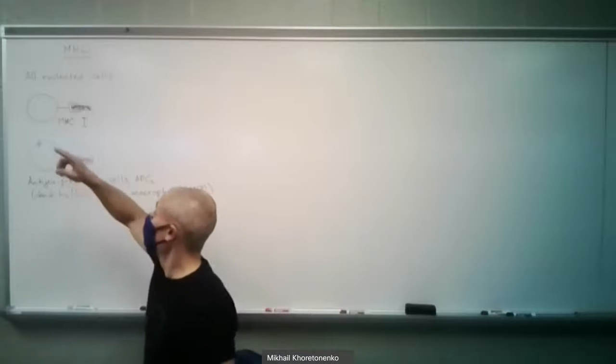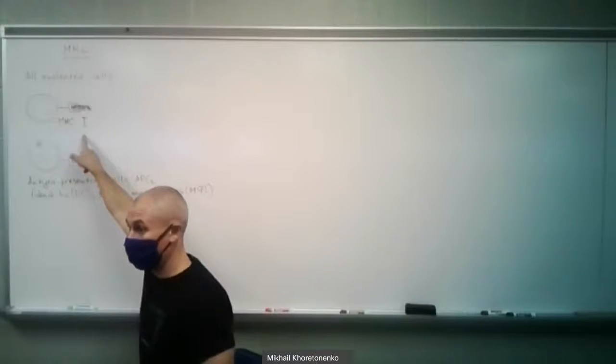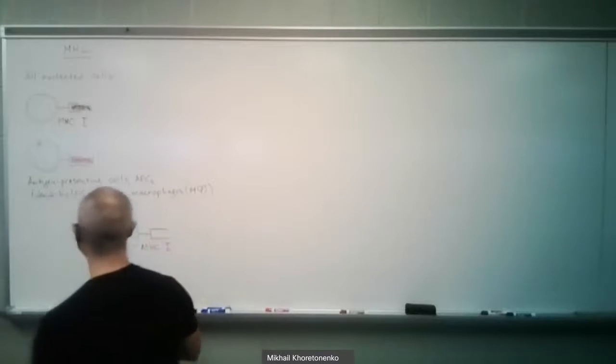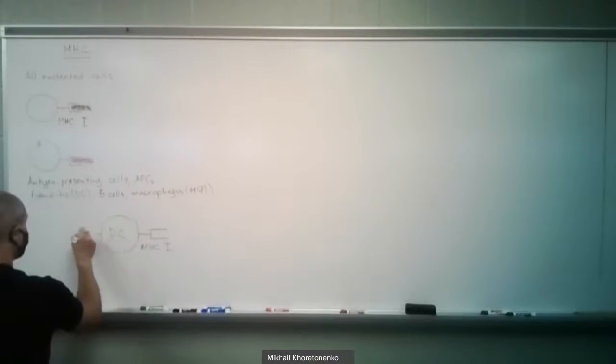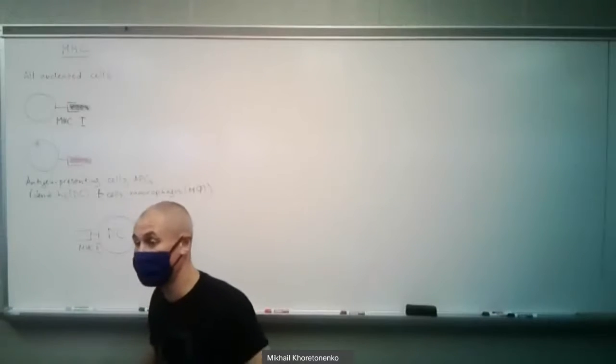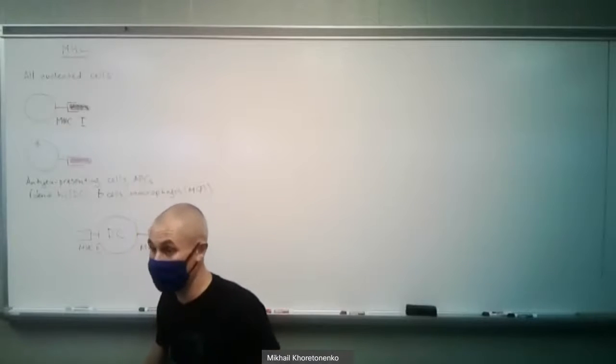Since they have a nucleus, do they have MHC class 1? Yeah, I didn't say anything about exceptions. So let's say this is a dendritic cell. So they have MHC class 1. And these cells specifically have another MHC molecule, which is called MHC class 2. What's the difference? They have slightly different functional roles that we will discuss in a second.